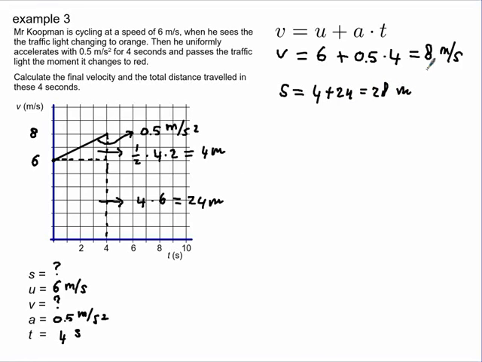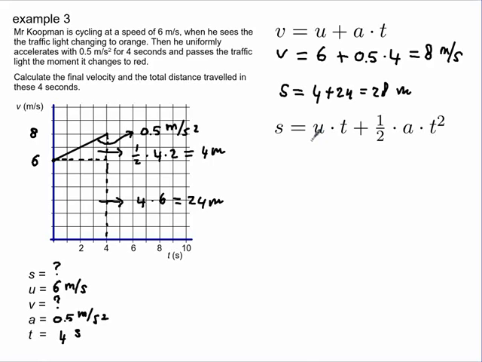Now there are two other ways in which you can calculate the distance traveled. First of all, you could have used this formula, and you may only use this formula for uniform accelerated motion.